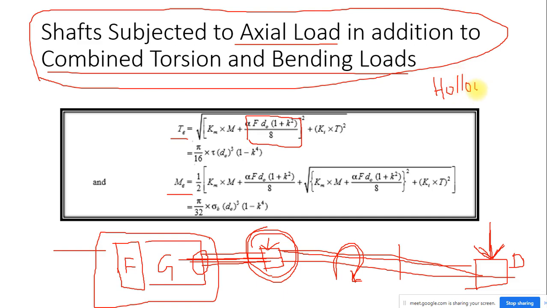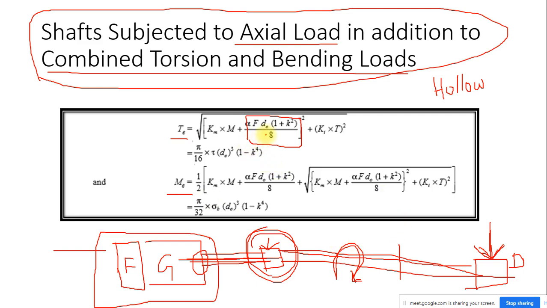A shaft subjected to axial load in addition to combined torsion and bending loads is most preferably a hollow shaft. The way to identify this type of problem is to look for the alpha and F values given in your problem. We can discuss the same when we are discussing our problem.